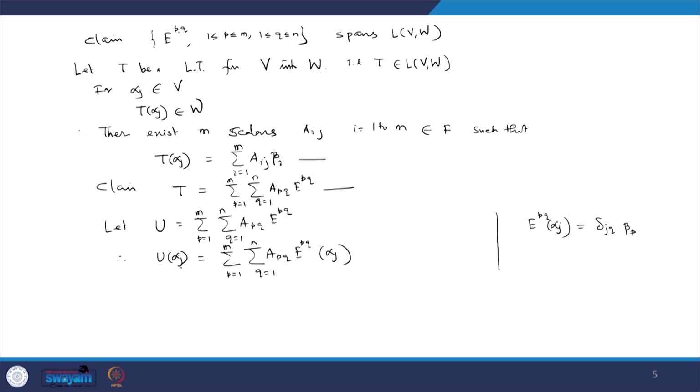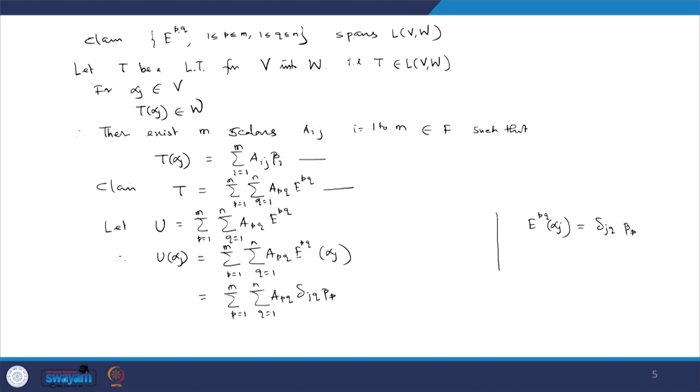So, U alpha j equals the sum over p equal to 1 to m, sum over q equal to 1 to n, a_pq delta jq into beta p.